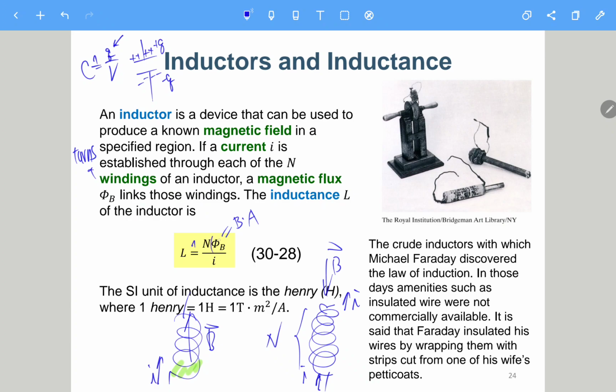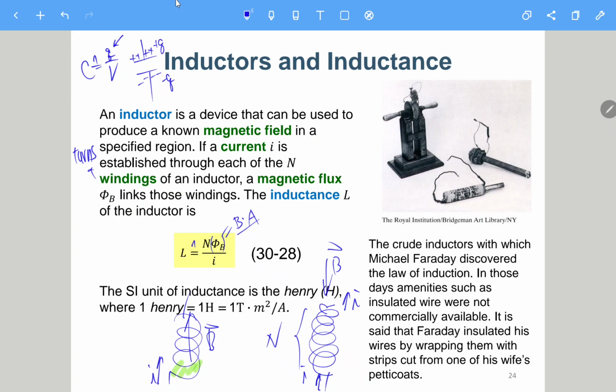Then we have totally n windings. So for the whole inductor, it will generate n times phi b, the total flux, and then it should be proportional to the current. So we just divide by I.